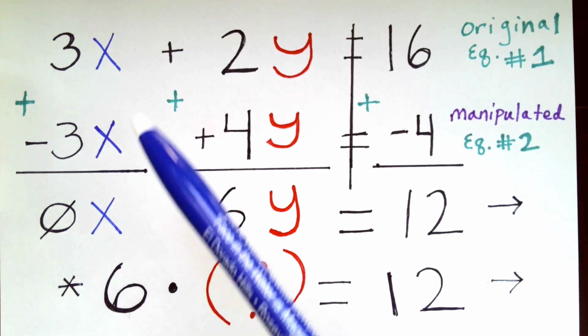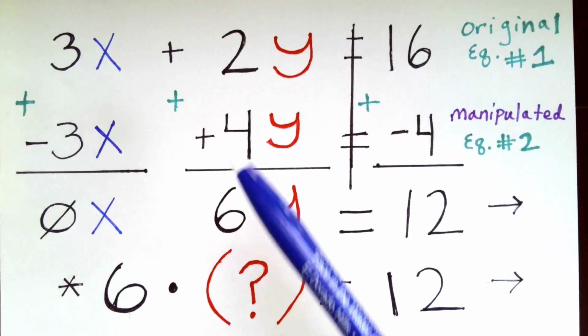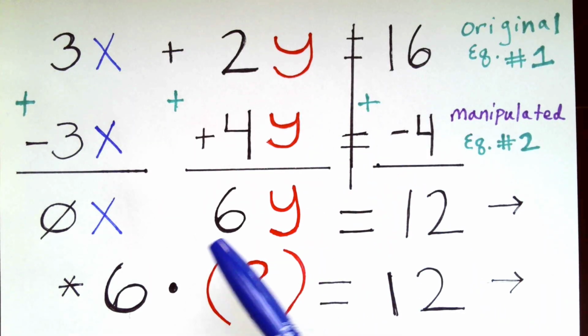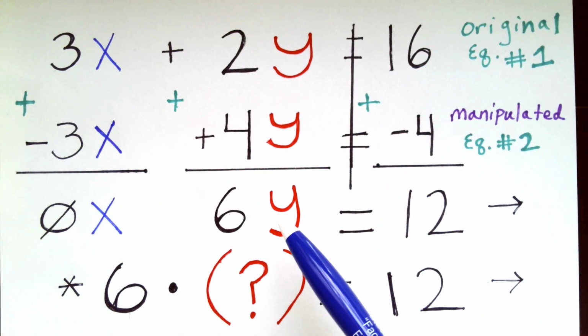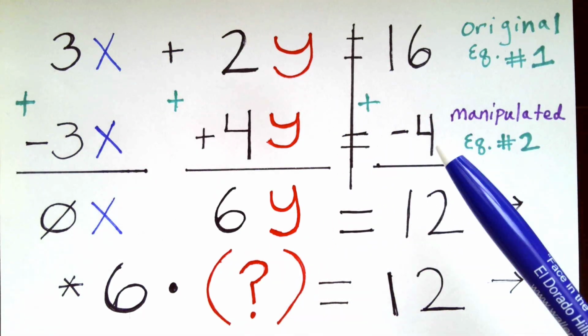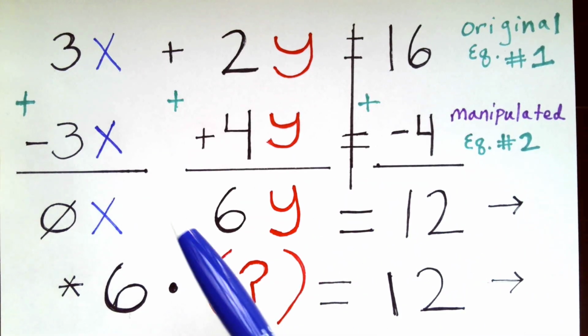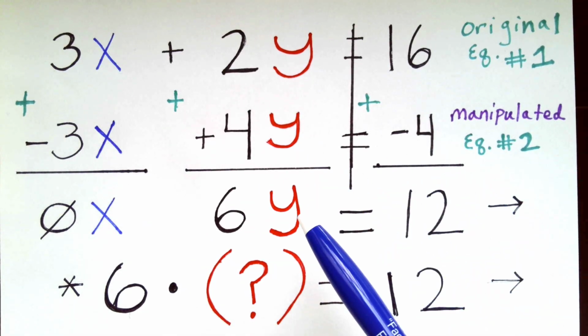That's 0. Plus 2 plus 4 is 6, and it's attached to y through multiplication. They've got to stay together. Equals 16 plus a -4 is 12. So now I'm left with a one-step equation to solve for y.